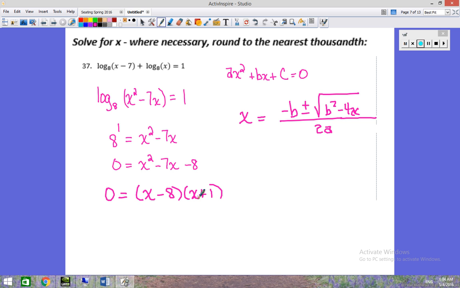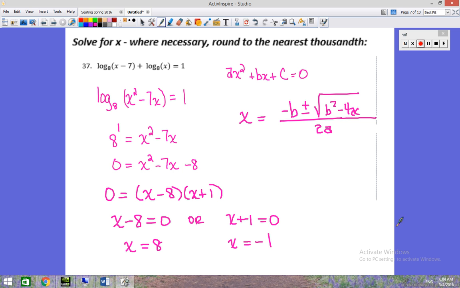By the zero product theorem, if two values have a product of 0, then one or both of the factors must equal 0. So x minus 8 equals 0, or x plus 1 equals 0. So we're getting solutions of 8 or -1.